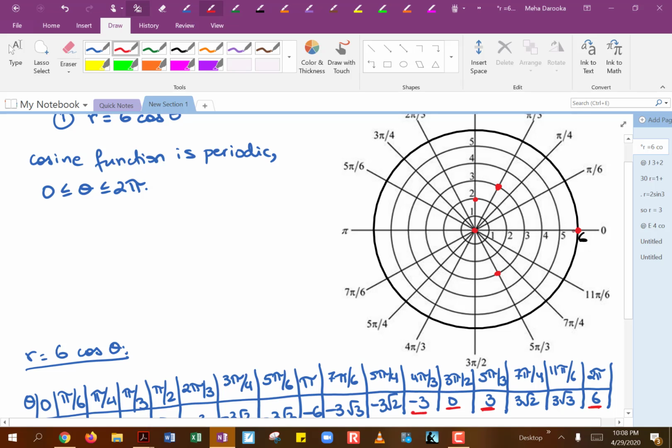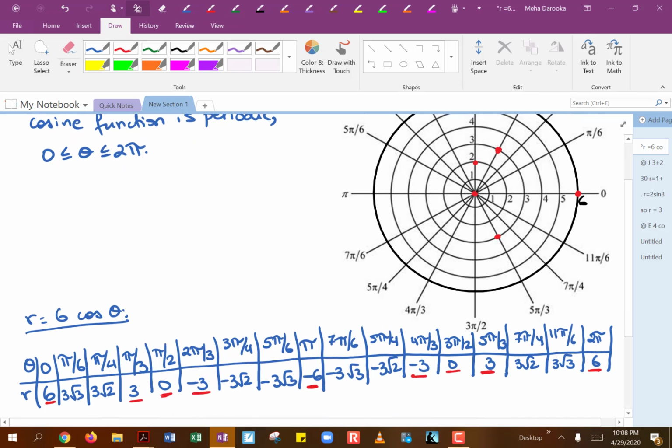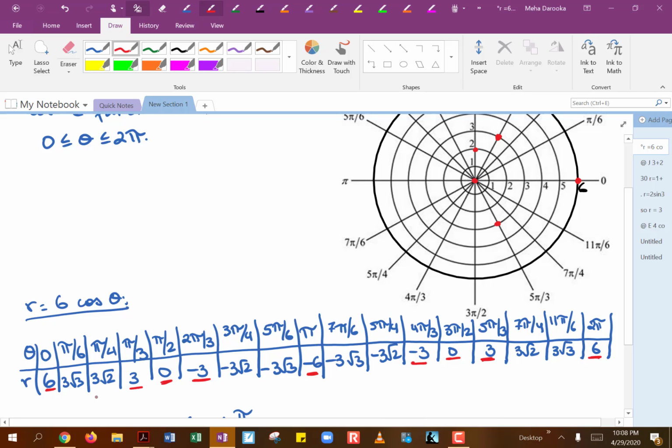Okay, so those are not going to be enough points, which we will need to do these approximations here. So let's look at what this guy at pi over 4 is going to be approximately equal to. So that is 3 times square root of 2.